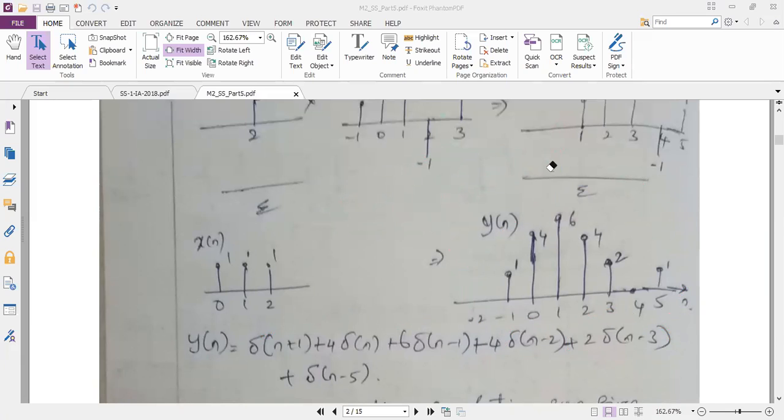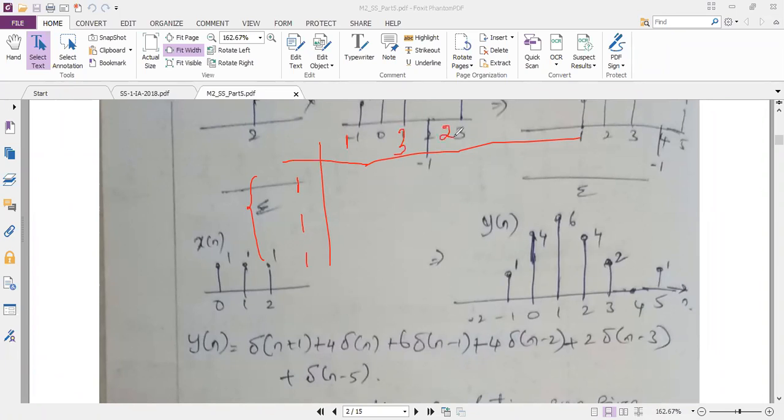So is it completed? Yes. So verification is always important, and I will tell you which problem you can do the verification. So let me write. Anyways, I can write x of n and h of n. It is my convenience. So let me take 1, 3, 2, minus 1 and 1.